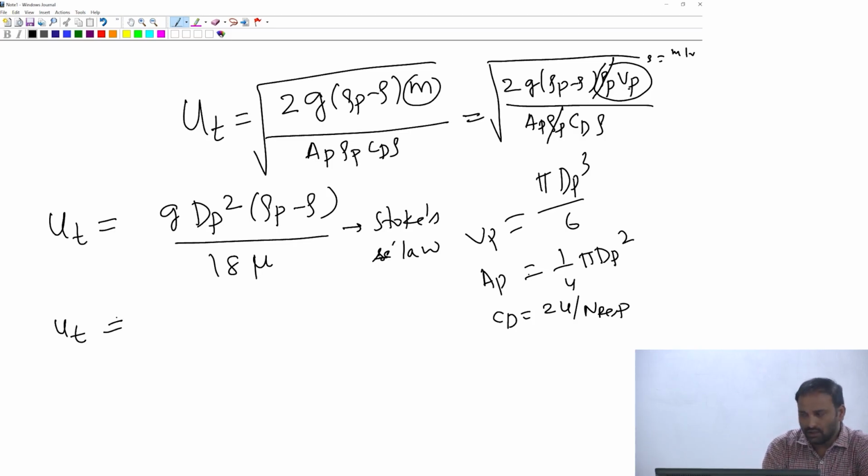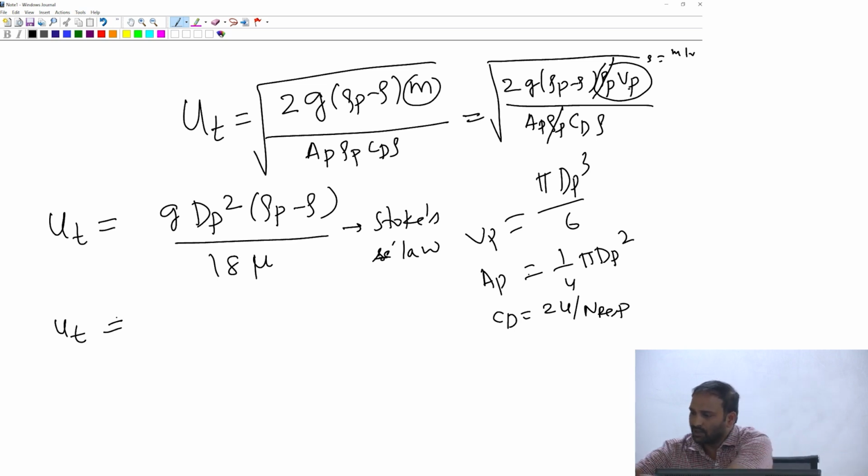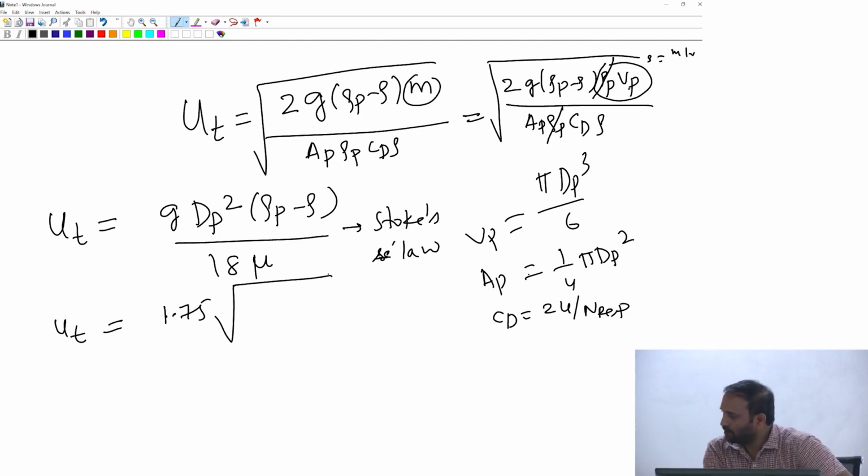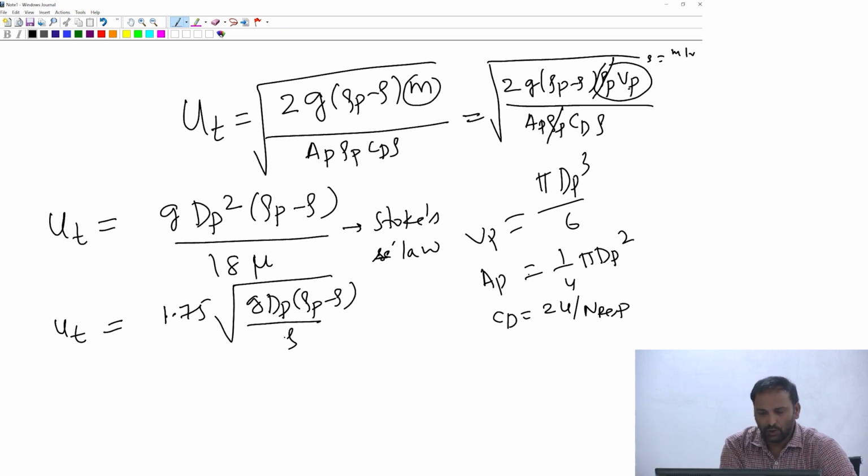And your UT should basically go as something like 1.75 into square root of g dp into rho p minus rho divided by rho, okay.